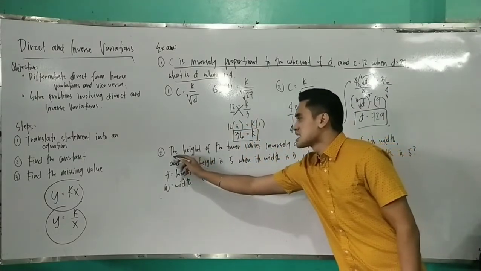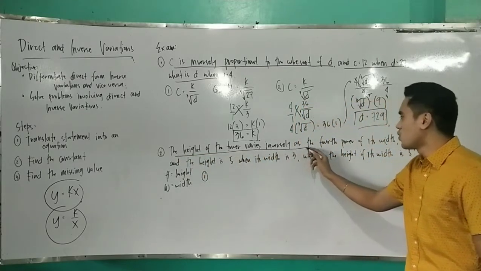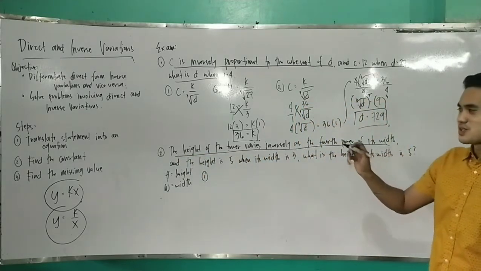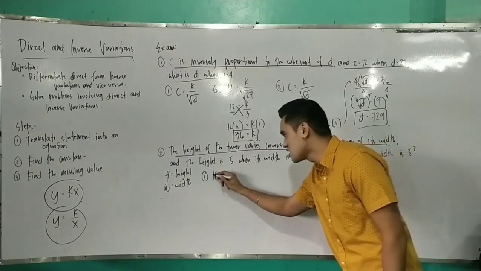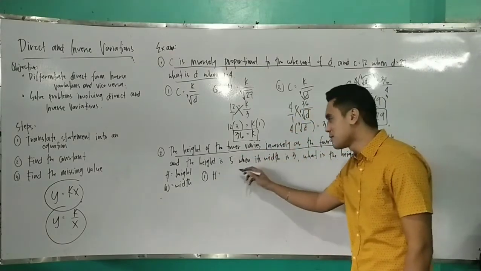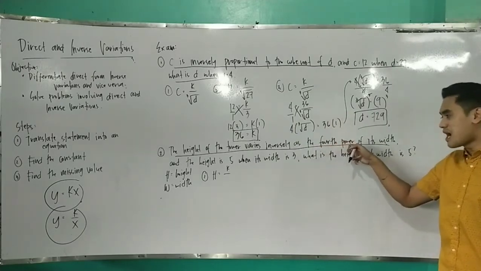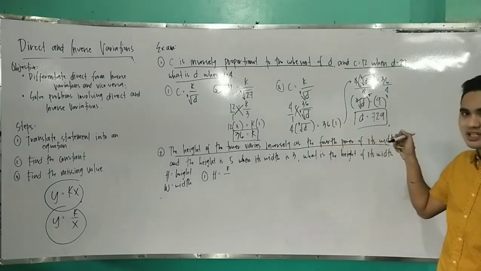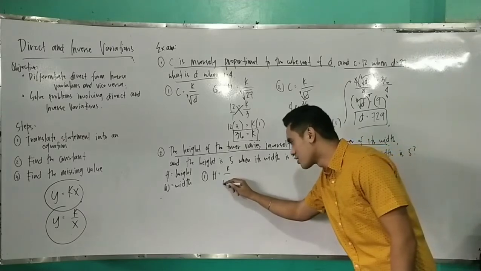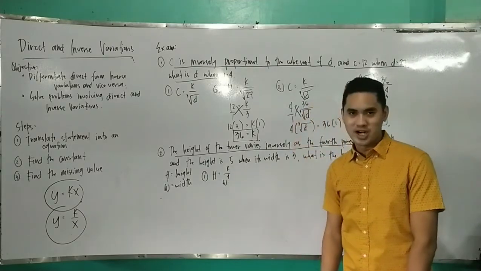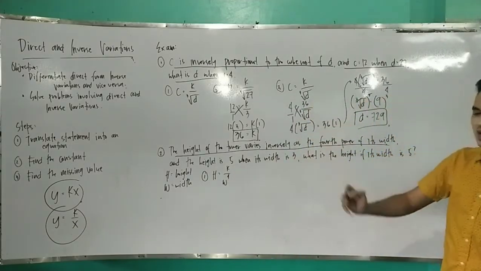First step, translate the statement into an equation. So, the height, meron tayong H, varies inversely. So, K over the fourth power of its width. So, fourth power. Meron tayong W raised to 4. Ito yung ating equation ngayon.